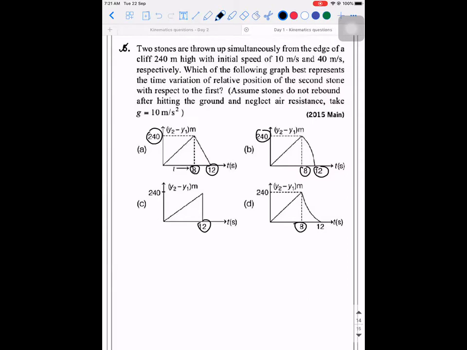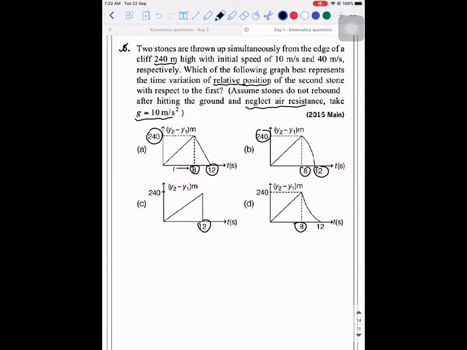Two stones are thrown up simultaneously from the edge of a cliff 240 meter high with an initial speed of 10 meter per second and 40 meter per second respectively. Which of the following graph best represents the time variation of the relative position? Relative position means the difference in their position of the second with respect to one. Assume stones do not rebound after hitting the ground and neglect air resistance.